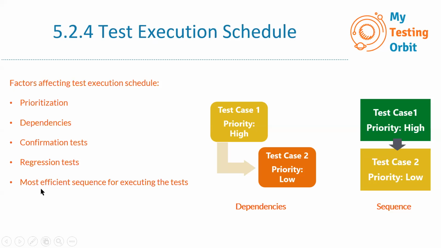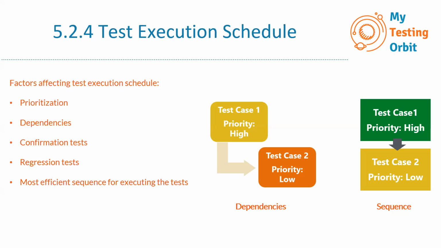Then the last one is the most efficient sequence for executing the tests. As I have just tried to show here, sometimes if we are testing a specific series of tests, there is a proper sequence. The first test case needs to be executed first, and then the second, then the third, then the fourth, because it's a series of tests, and we just can't shuffle them in that scenario.